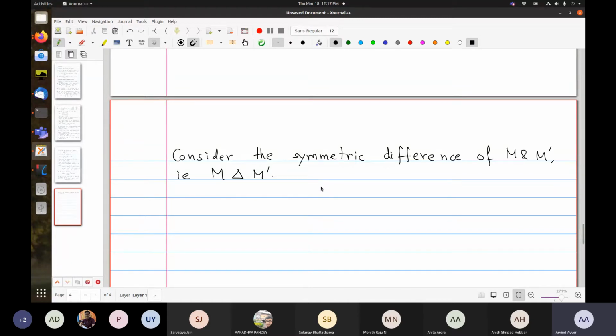Okay. So suppose you have two perfect matchings. Okay, maybe I should take a large example, since I have the benefit of a color.